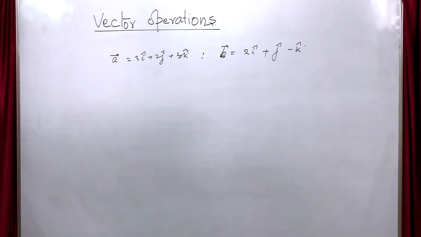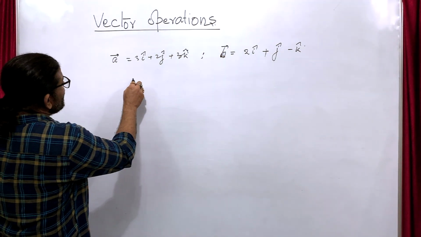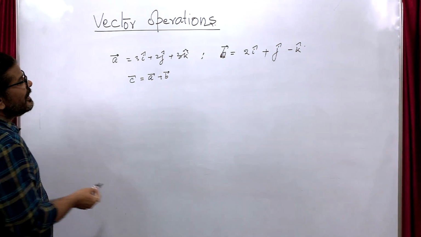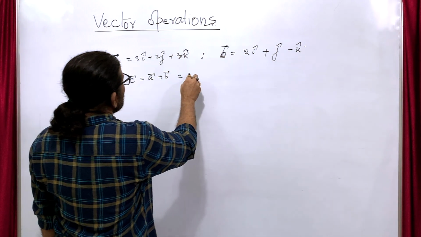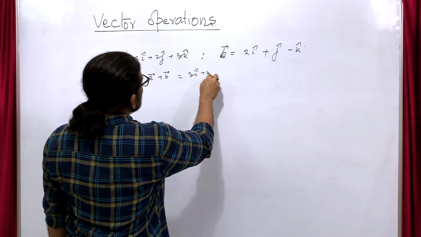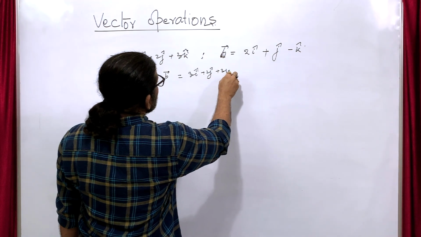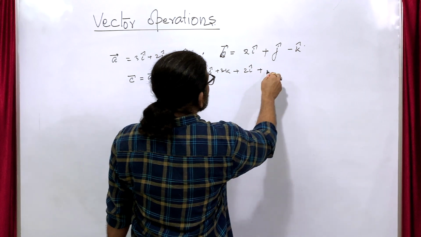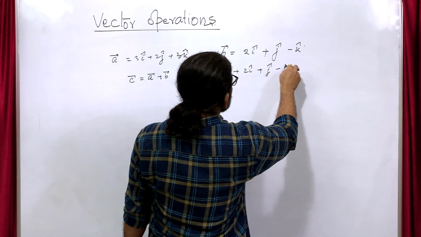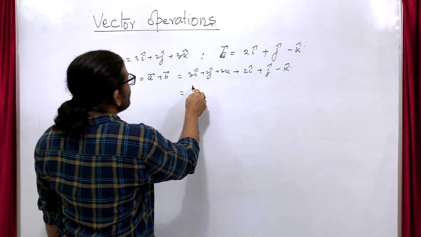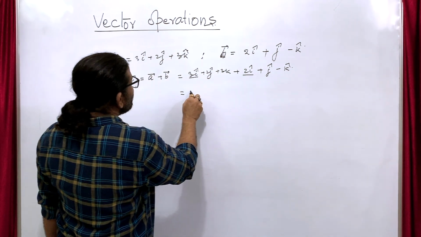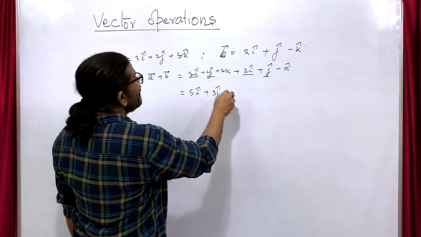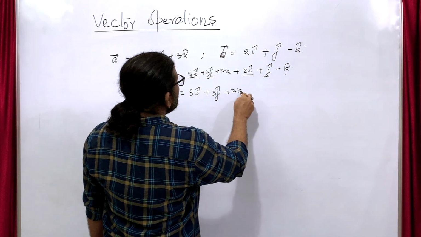See, if you are going in this method, suppose C is the resultant of A plus B, then very easily we can write 3i plus 2j plus 3k plus 2i plus j minus k. This will be equal to 5i plus 3j plus 2k.